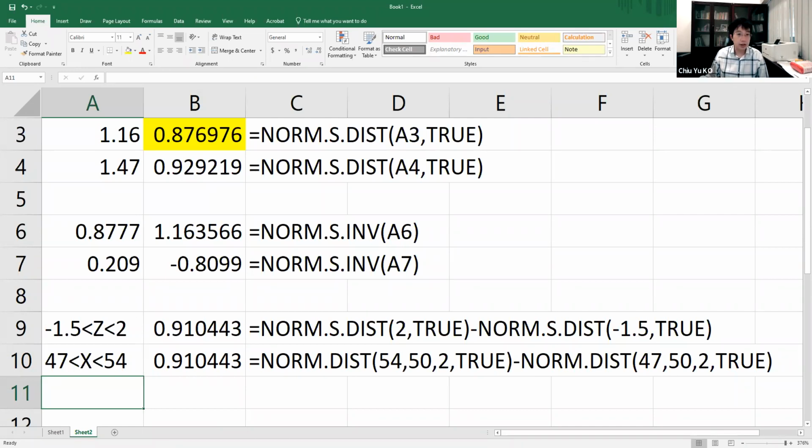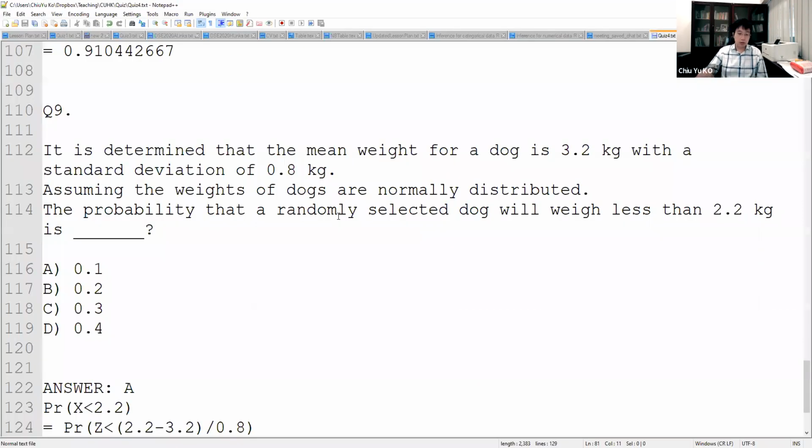So the very last question. We have x with a normal distribution with mean 3.2 and variance 0.8.